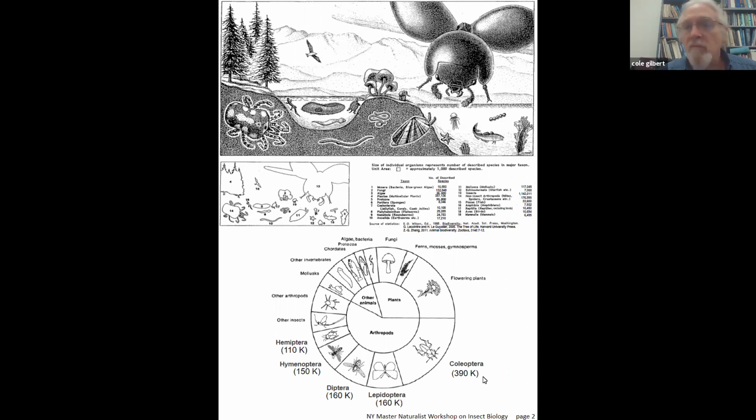Almost 400,000 species have been described, and who knows how many more undescribed ones there are. And then butterflies and moths, a little less than half that many, but still pretty many. Flies, two-winged flies, the Hymenoptera, this order of bees and wasps and ants, again, 150,000.